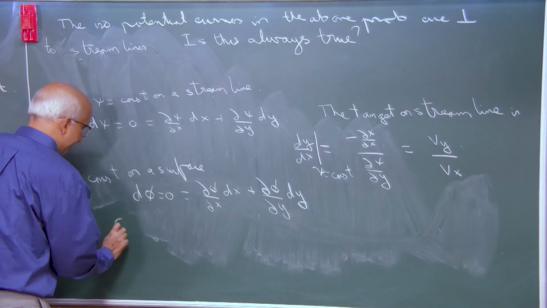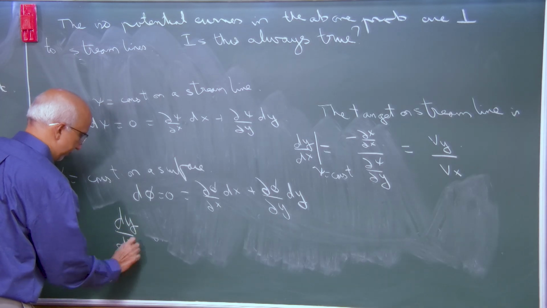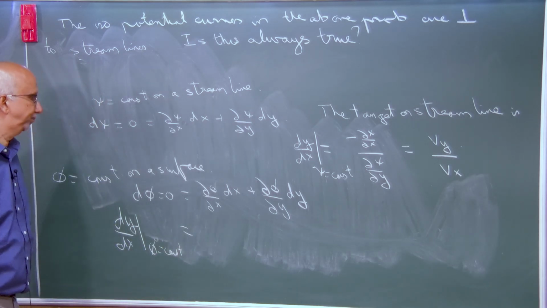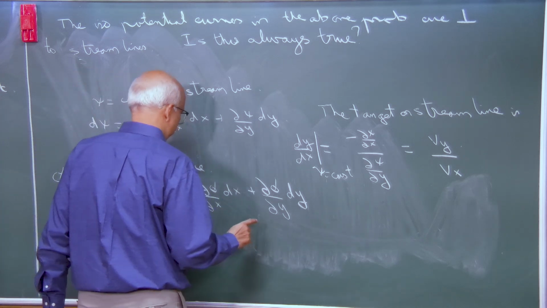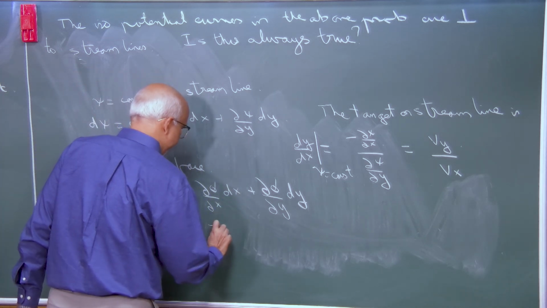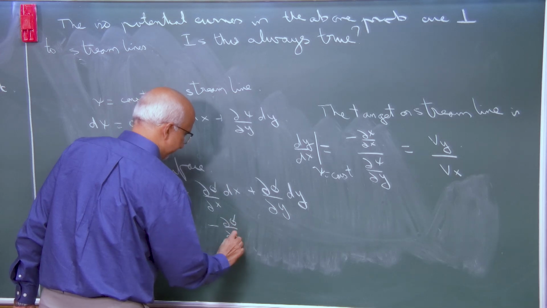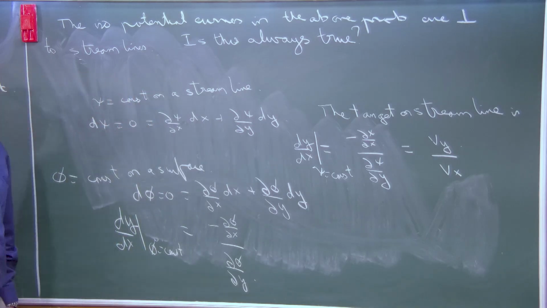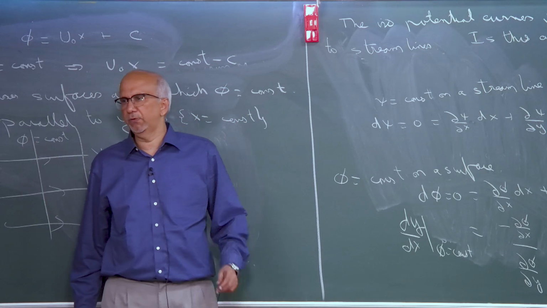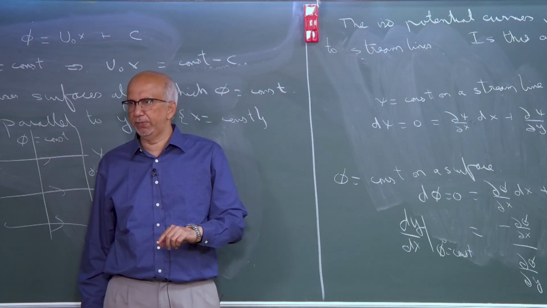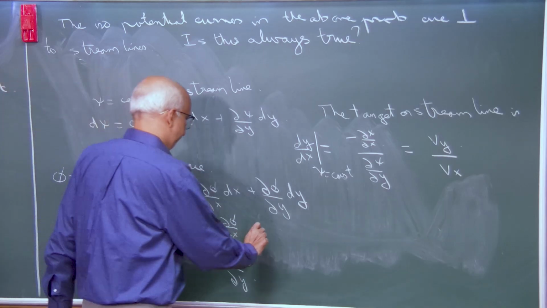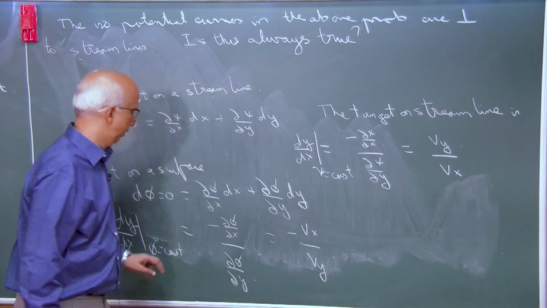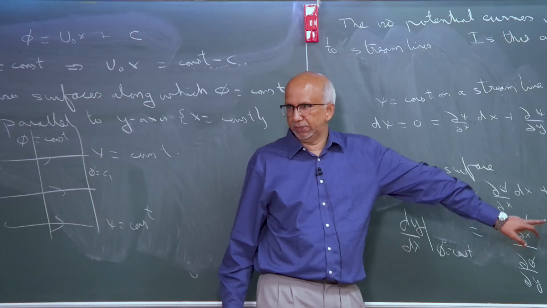So, what is dy by dx along the curve where phi is equal to constant? This is minus d phi by dx divided by d phi by dy. And if you remember, we define velocity as equal to gradient of phi. So, this is nothing but minus Vx by Vy. d phi by dx is Vx, d phi by dy is Vy.